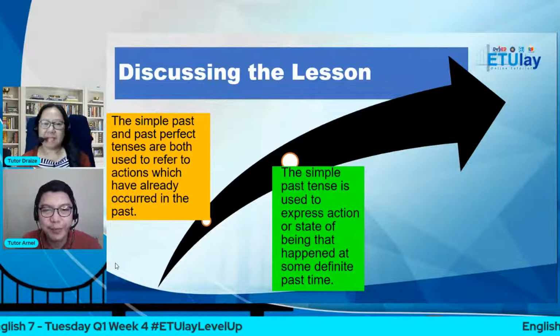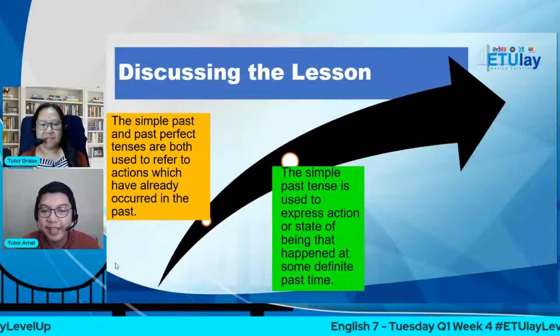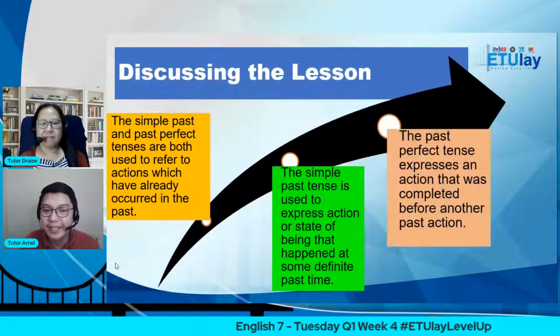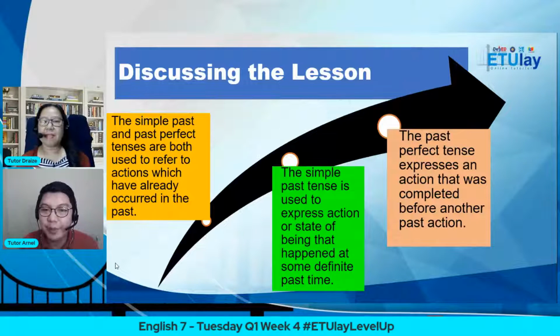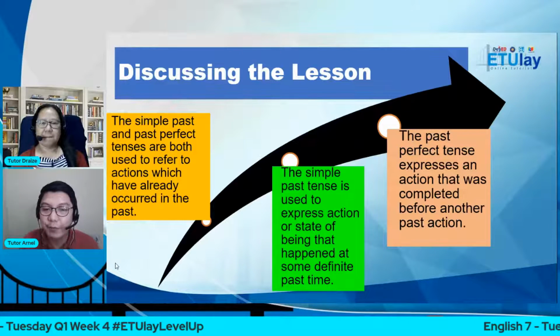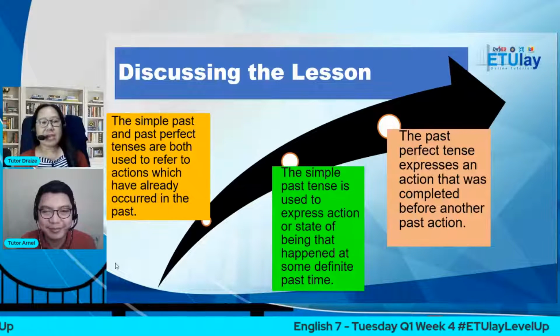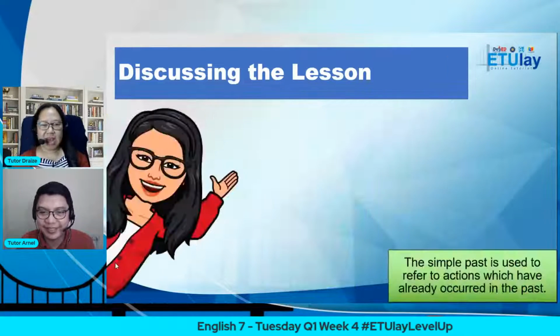The simple past tense is used to express an action or state of being that happened at some definite past time. And the past perfect tense expresses an action that has been completed before another past action. We will be discussing this further in the next slides.